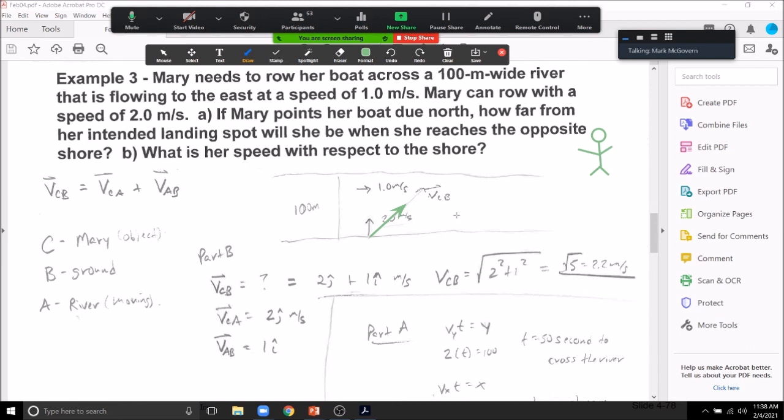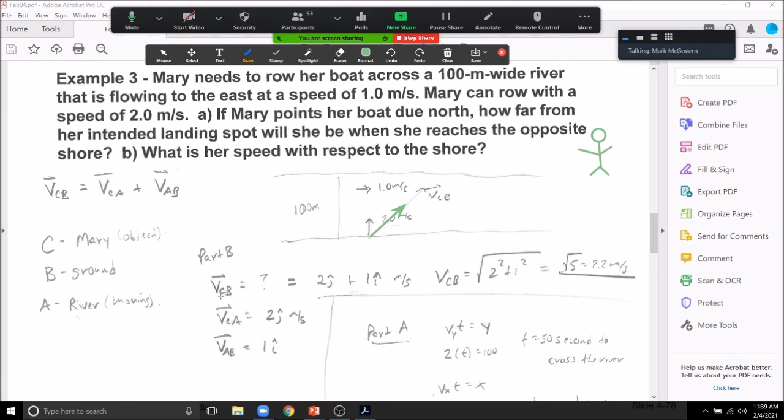So she's actually going to go faster in the river, according to the ground observer, because she's getting a little kick from the river here. The problem with this is that she's not going to go straight. She's going to drift a little to the side. So maybe she's anticipating drifting to the side, and that's why this person's hanging out over here. Go, Mary.